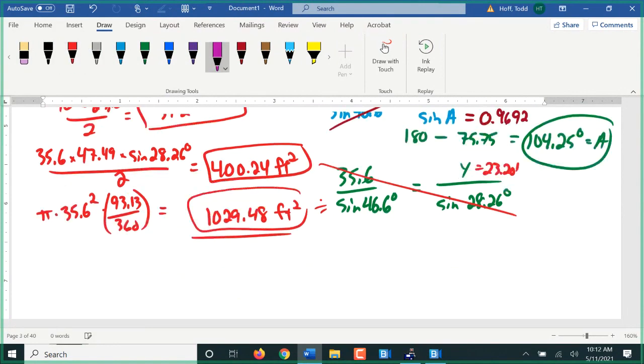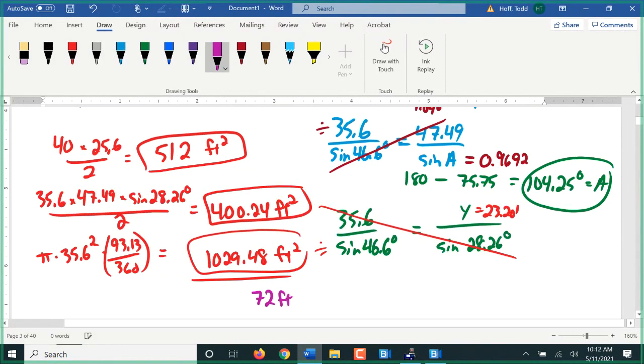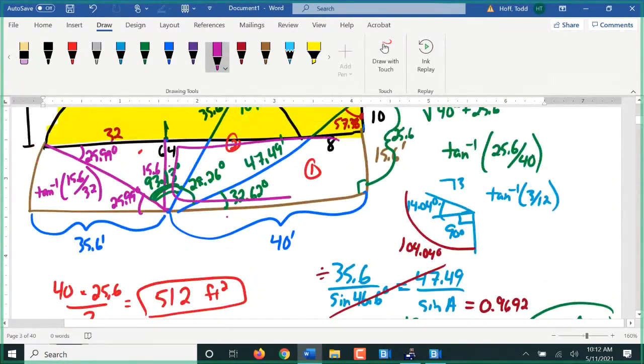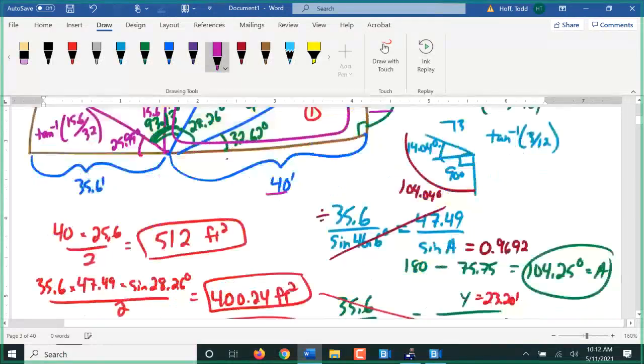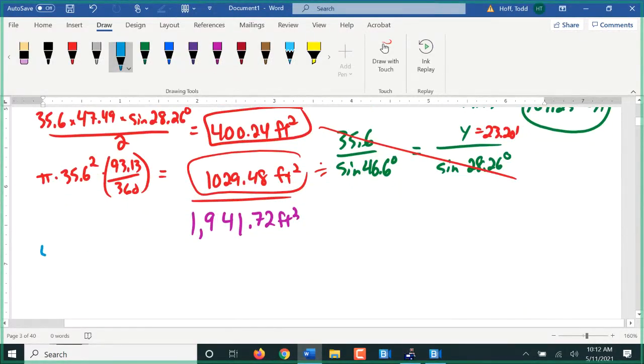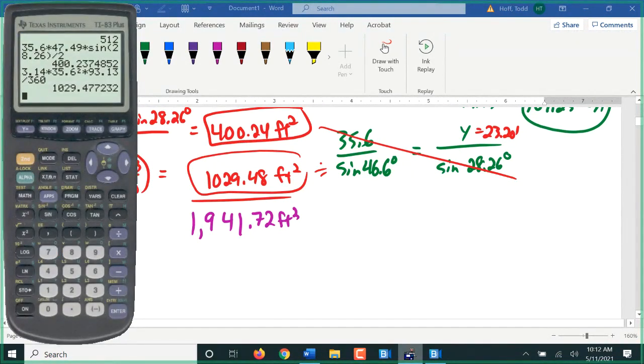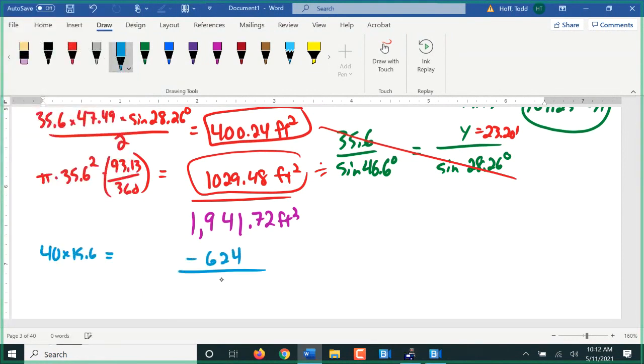So we add those three up. Get 1,941.72 square feet. But remember, we've got to subtract out a couple pieces. We have this piece here that was 40 by 15.6, which I believe is 624. So we'll subtract that out.